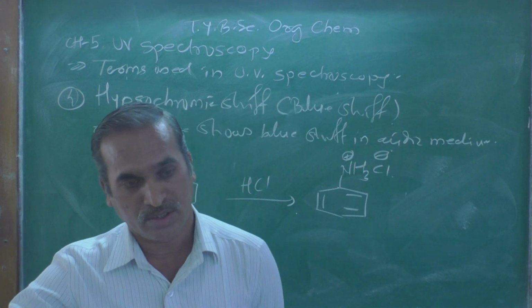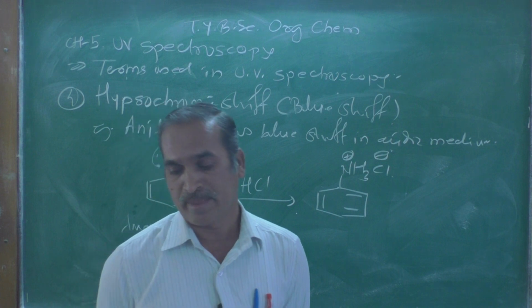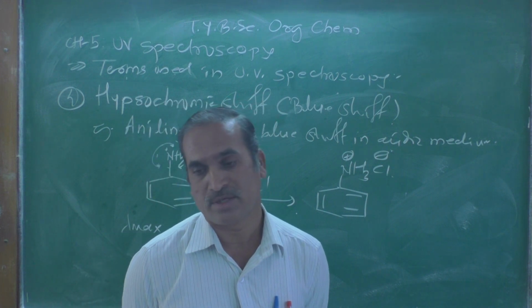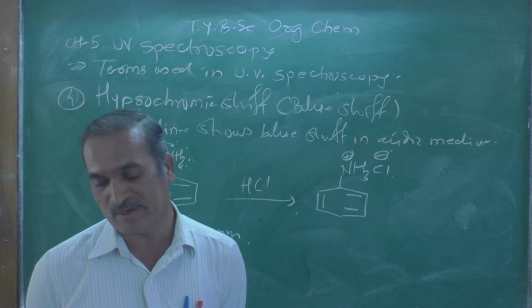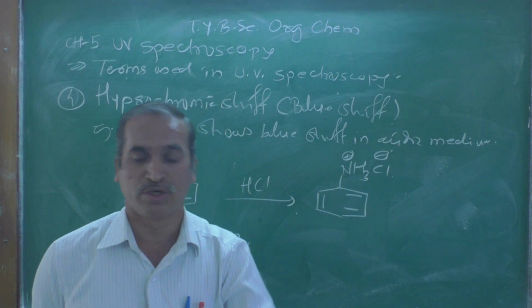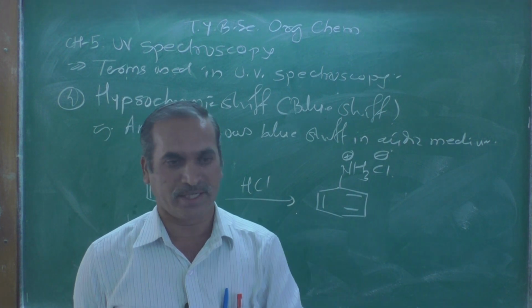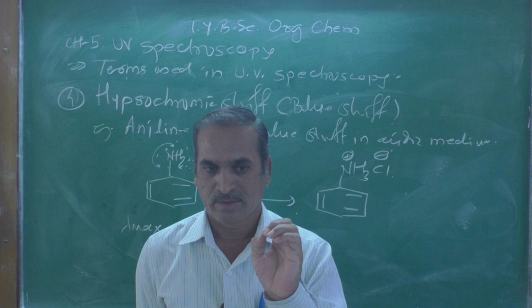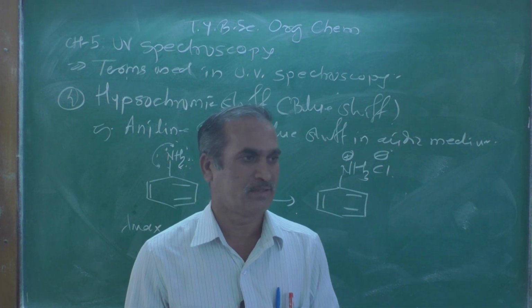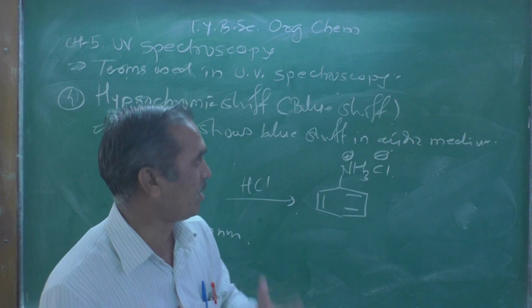There is an increase in the chromophore absorption, shifting to a longer wavelength. But in this case, that lone pair is prohibited, or what we can call banned, and therefore it is not available over there.